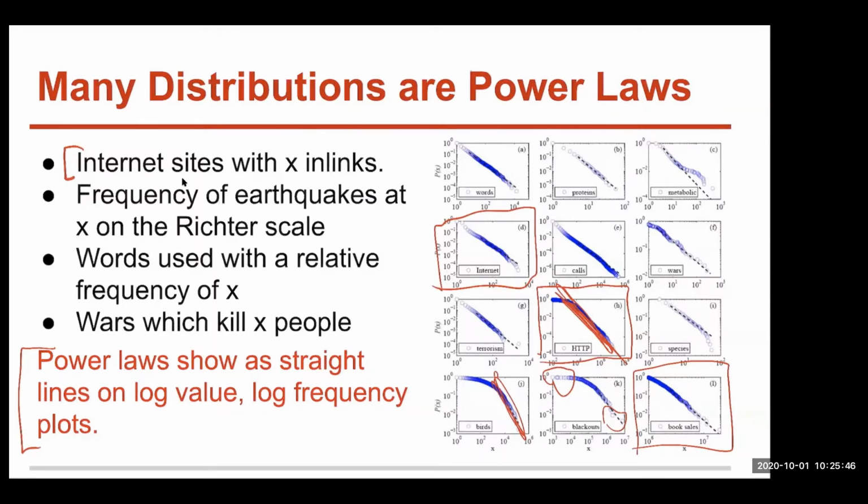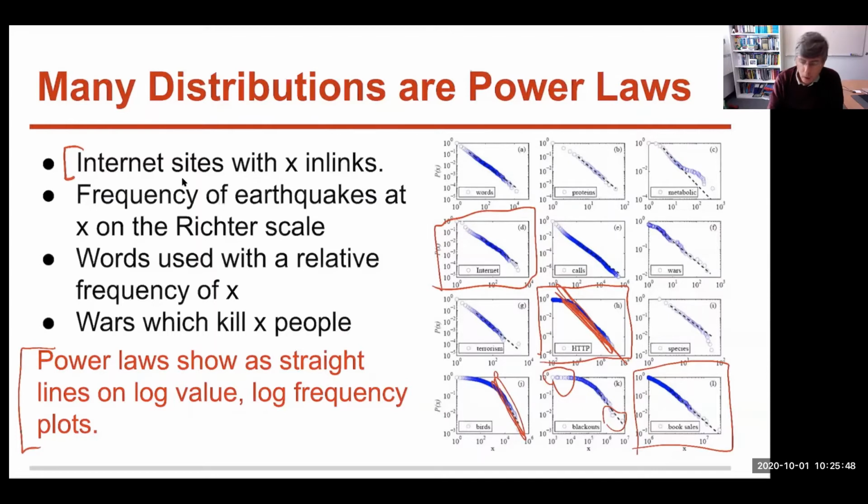And again, there are a variety of natural things. Wars. For each war, how many wars do you have that kill certain numbers of people? This is a graph of an interesting thing. X here is the number of people killed in your war.